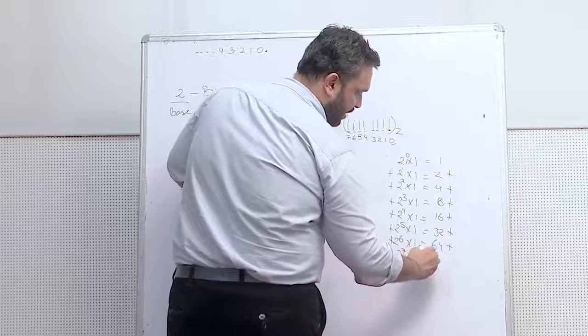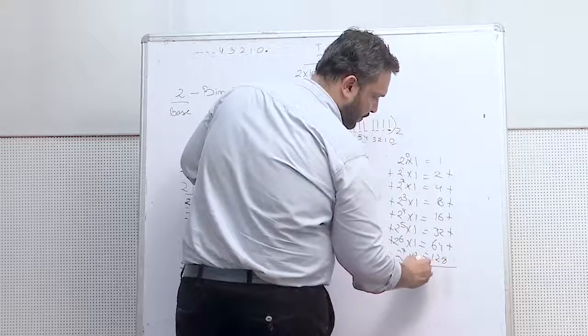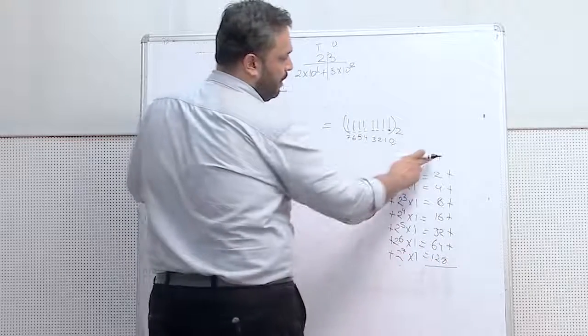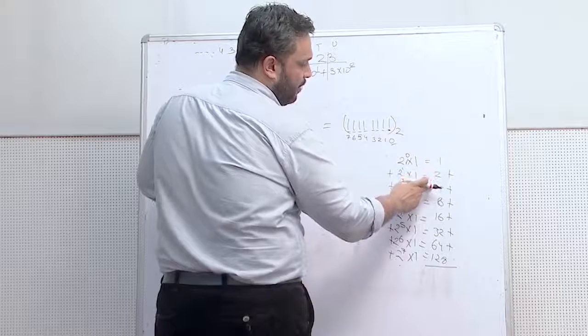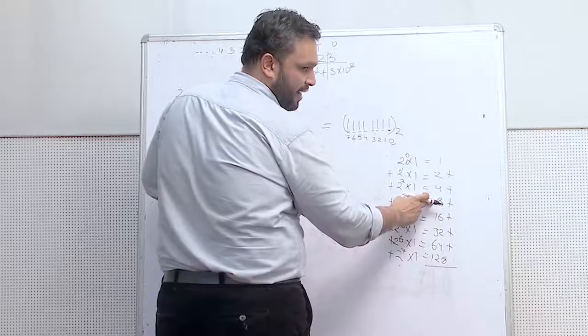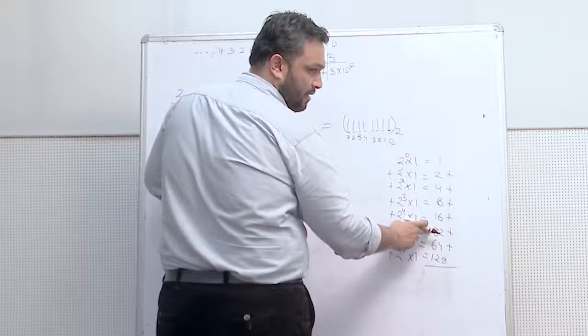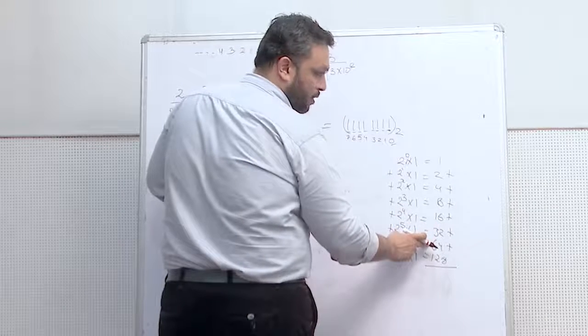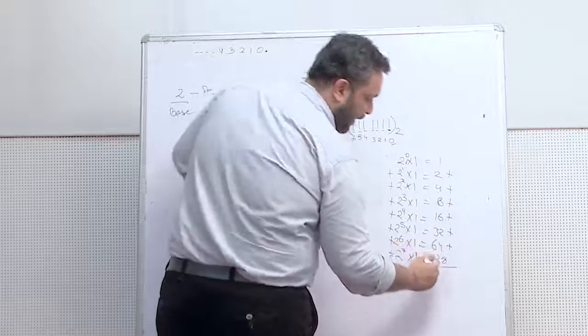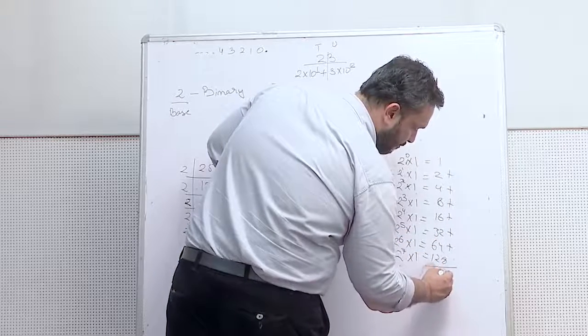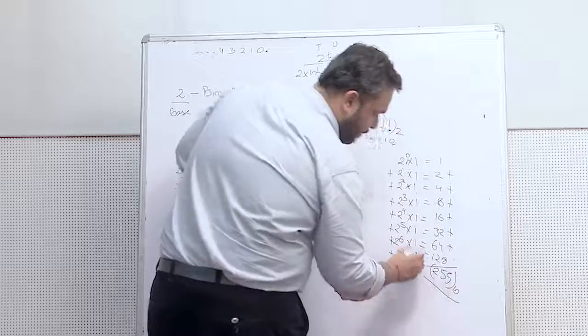And 2 raised to power 7 is 128. Let us add all these. 1 plus 2 is 3, plus 4 is 7, plus 8 is 15, plus 16 is 31, plus 32 is 63, plus 64 is 127, plus 128 is 255 in decimal.